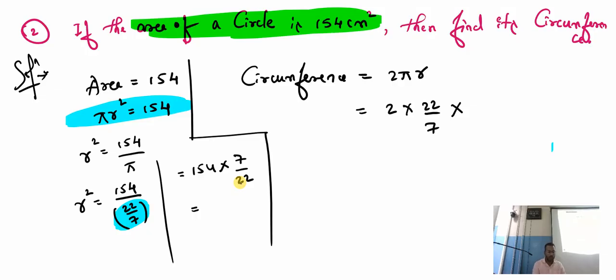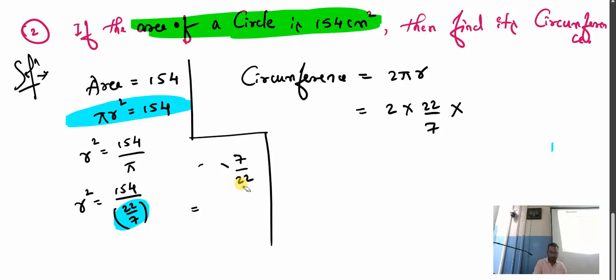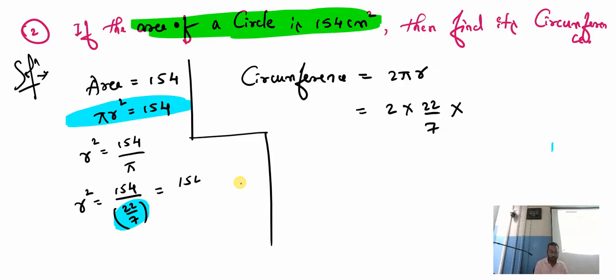Understood? Now, look here. What am I going to do here? The same value, 154 into 7 by 22. I'll write it as it is. Can you write 154 in terms of anything?